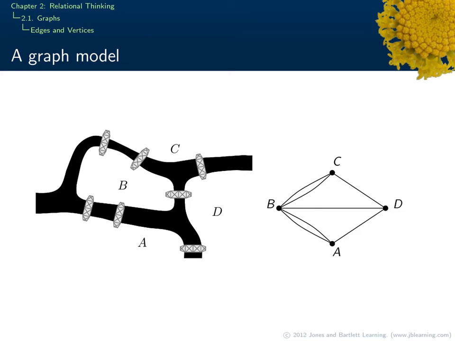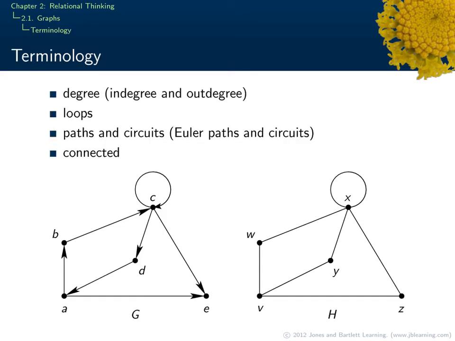Notice that in the model of the city, there are 2 bridges joining region A to region B. And so there are going to be 2 edges joining vertex A to vertex B. So the Königsberg bridge problem on this graph is that we would want to travel around this graph using each edge exactly once. We return to the Königsberg bridge problem in a little bit, but first we need some terminology.